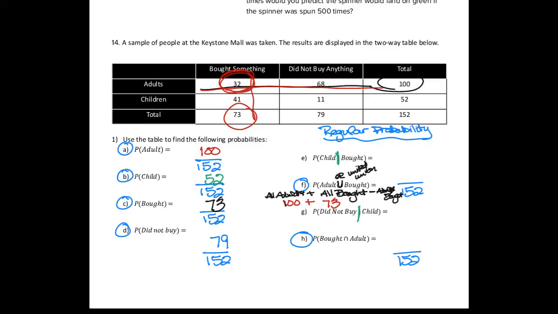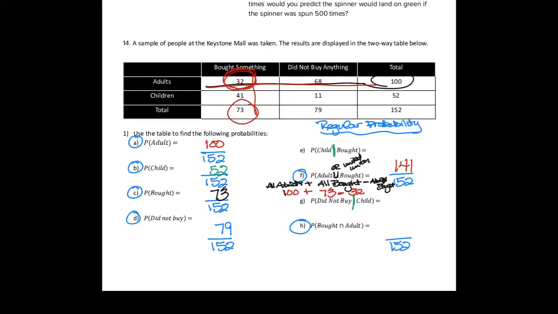I can't count people twice. That's not accurate. So I need to subtract 32. And when I add those together, I get 100 plus 73 is 173 minus the 32 is 141. So the probability that we select an adult or someone who bought something is 141 out of 152.